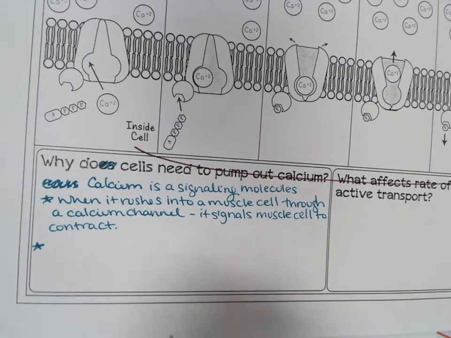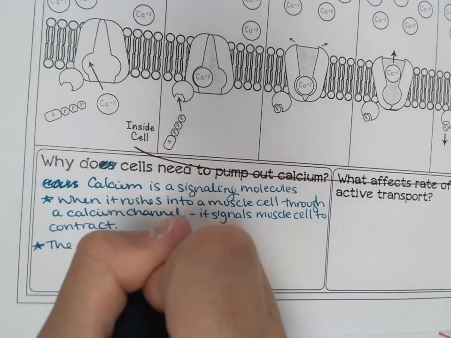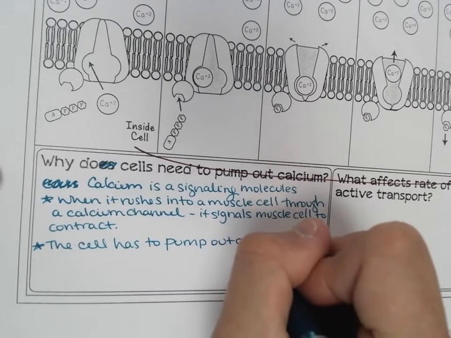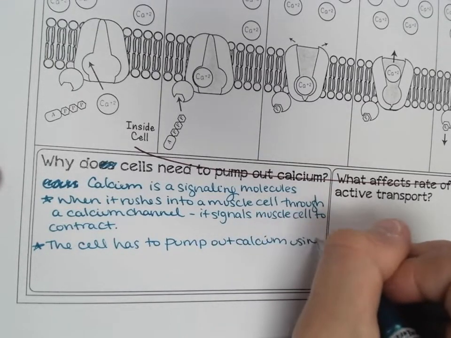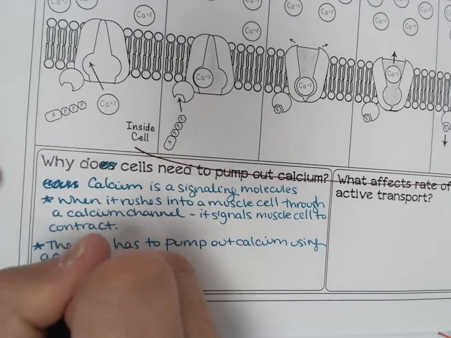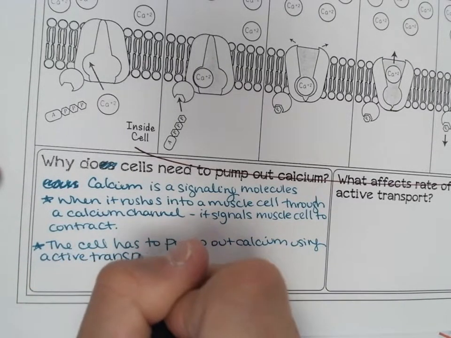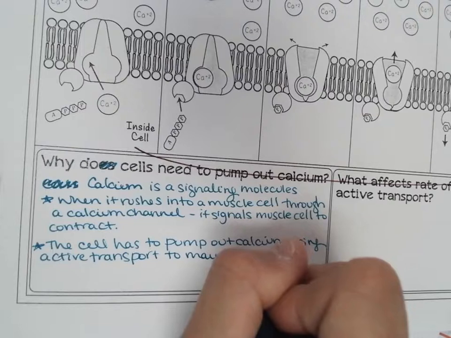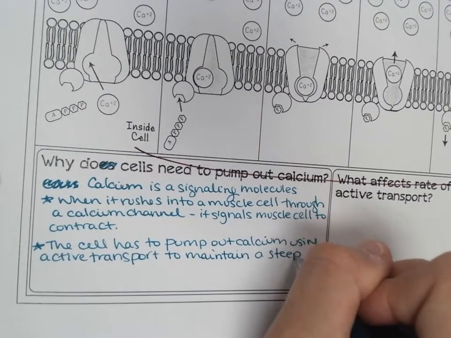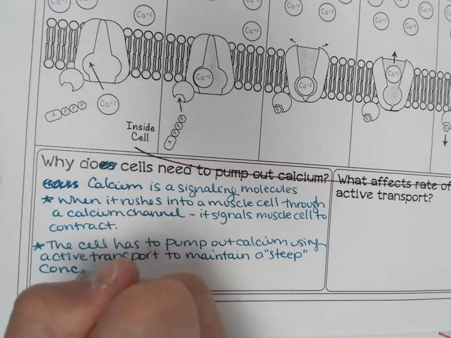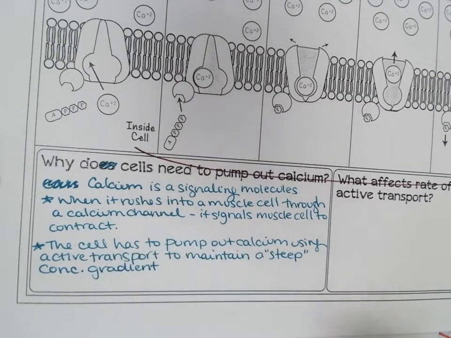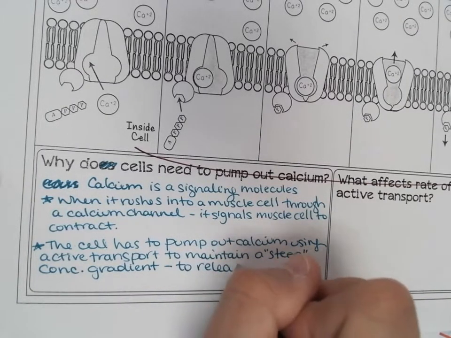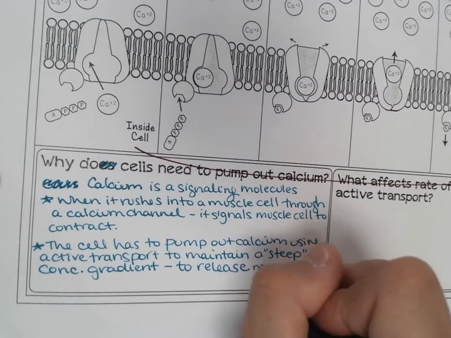Okay, now the cell has to pump out calcium using active transport to maintain a steep concentration gradient, and in order for it to release the muscle contraction and relax.